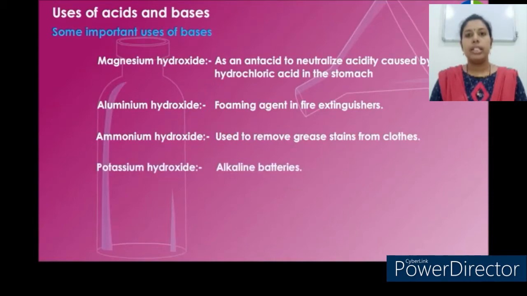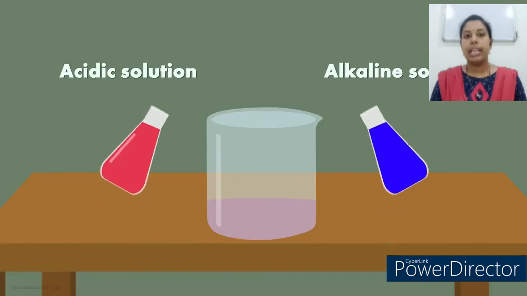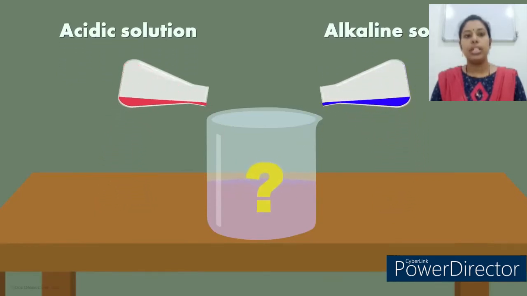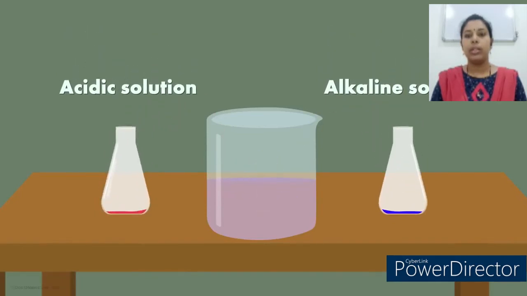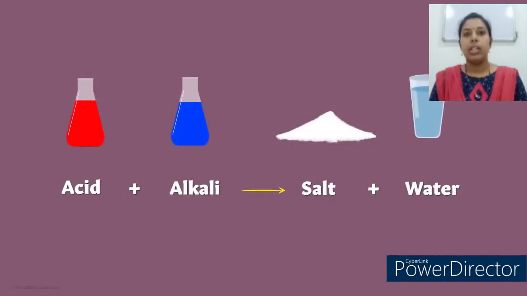Now let's learn about salt. Do you know what will happen when acidic and alkaline solutions are mixed together? It will produce salt and water. When an acid combines with an alkali, it will always give us salt and water.